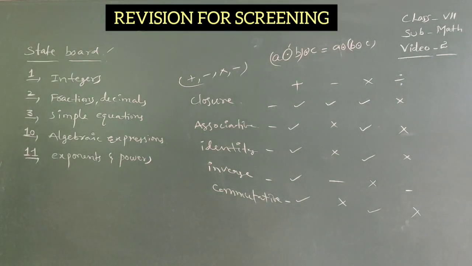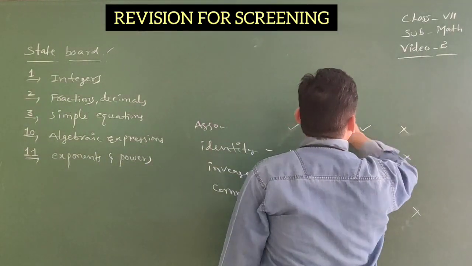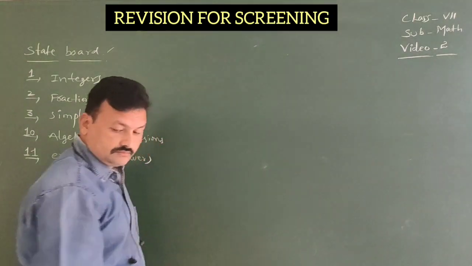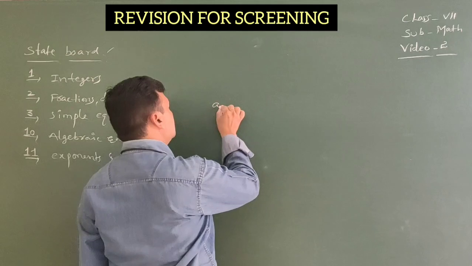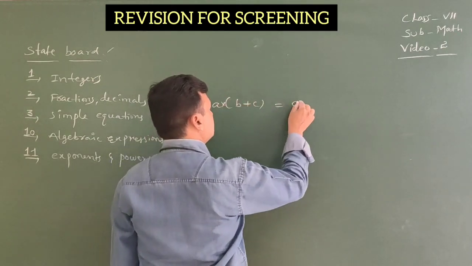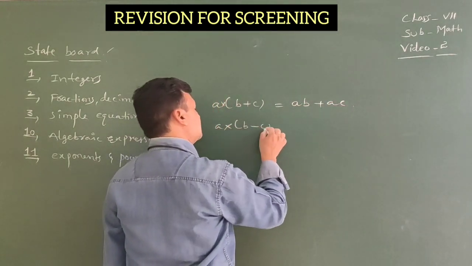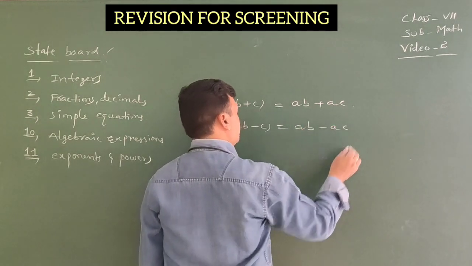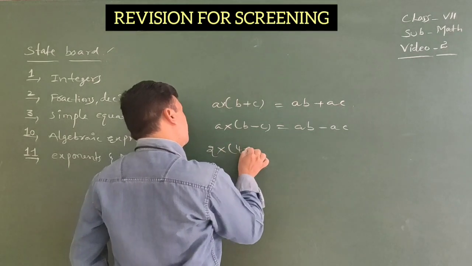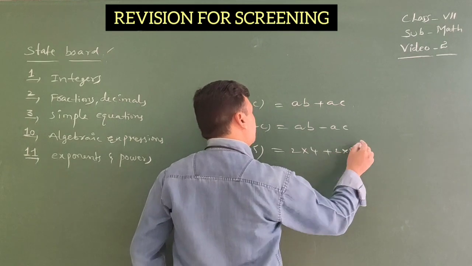Next step, distributive property. Distributive property of multiplication over addition and distributive property of multiplication over subtraction. Multiplication means 2 into (4 plus 5) they give, which means 2 into 4 plus 2 into 5.